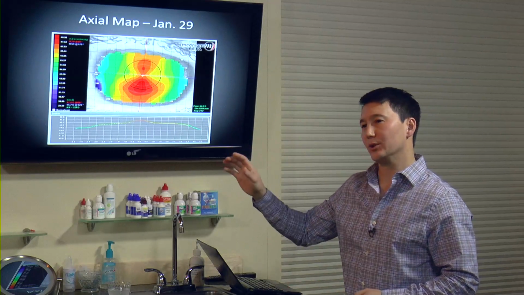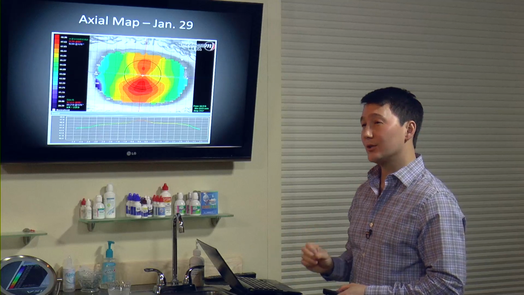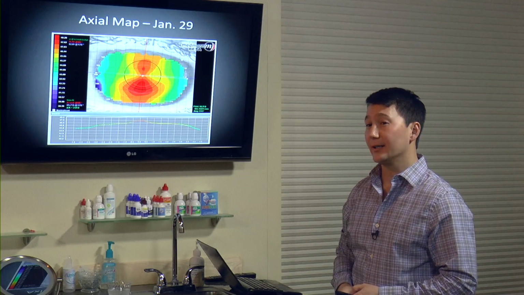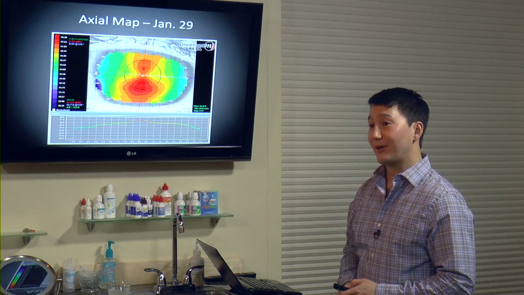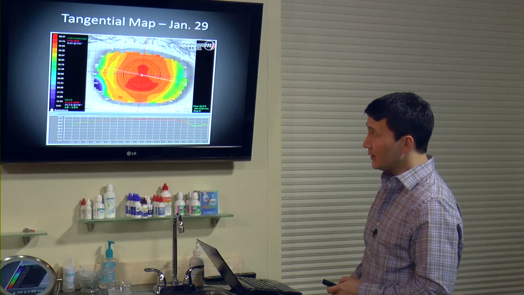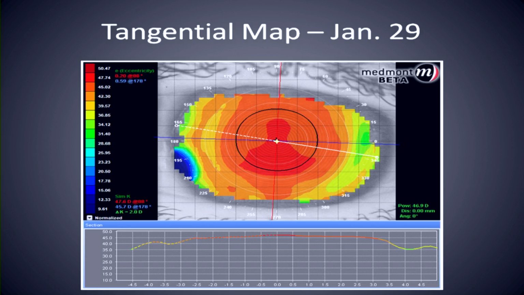Now the question is, when you look at this axial map, is our RGP still molding the eye? Is an axial map sensitive enough to see those finite little changes? This is a tangential map. Now you use the tangential map when you want to understand shape, when you want to understand how my GP lens is affecting the shape of my eye, or how big the cone is if it's a keratoconus patient.